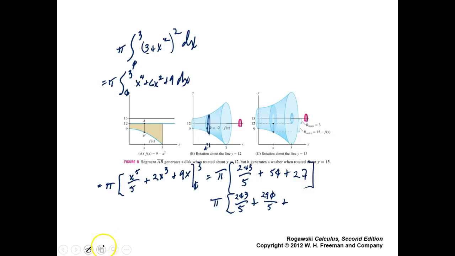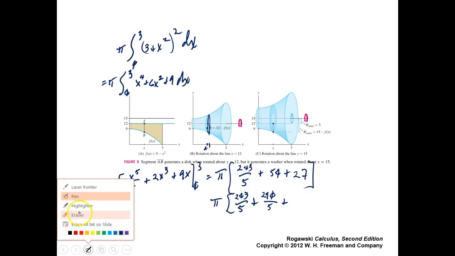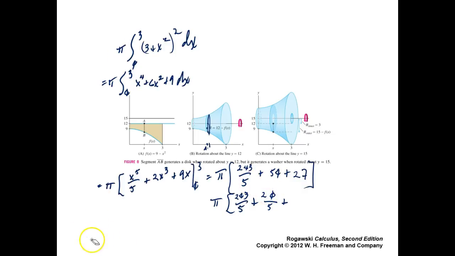Yeah, you're right. 270. And then, how many fifths is 27? Oh, you calculated so you don't know. 135. Is there an easier way to do that? Isn't that exactly half of 54? Right.